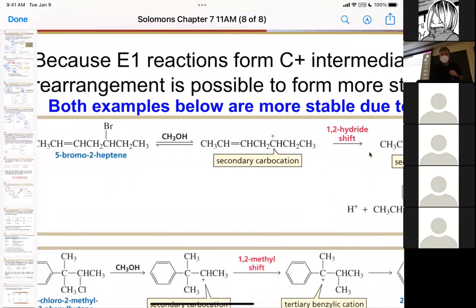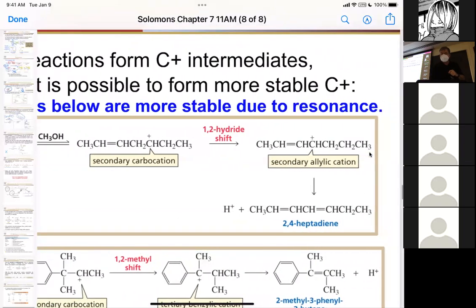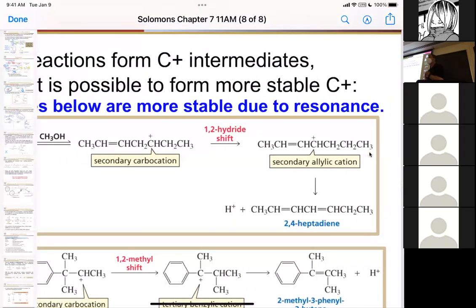And in this case here, we have a secondary carbocation, and it's actually going to rearrange to give us an allylic cation. The allylic cation, even though it's secondary, is more stable. Remember, the allylic cation and the benzylic cations are more stable than the tertiary carbocation. So it did move to a more stable position.